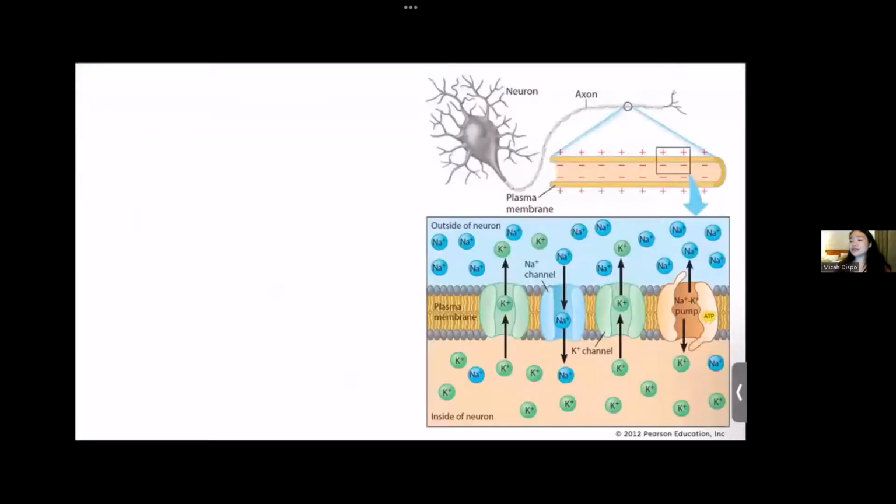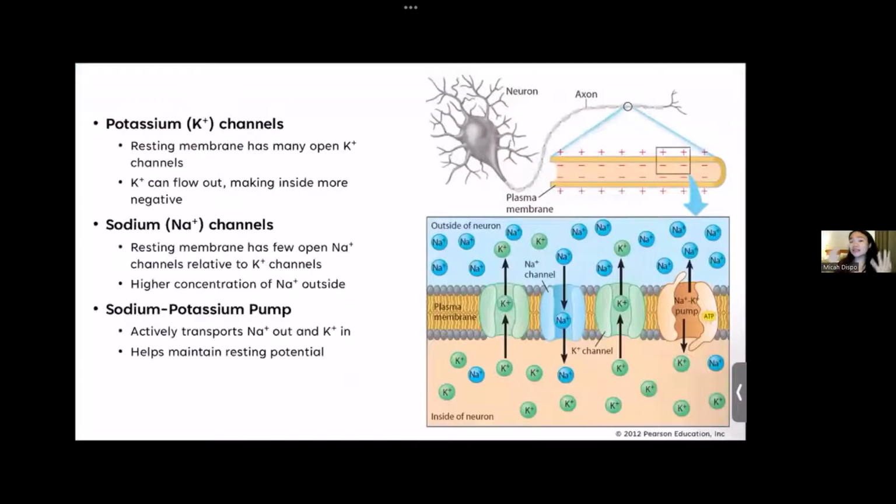Now, what is important to know as well is that at resting potential, there are open, or ungated, channels that allow the diffusion or leakage of ions. So there are open channels even in our resting neuron that allow the movement of particular ions inside and outside of the cell, following the gradient.